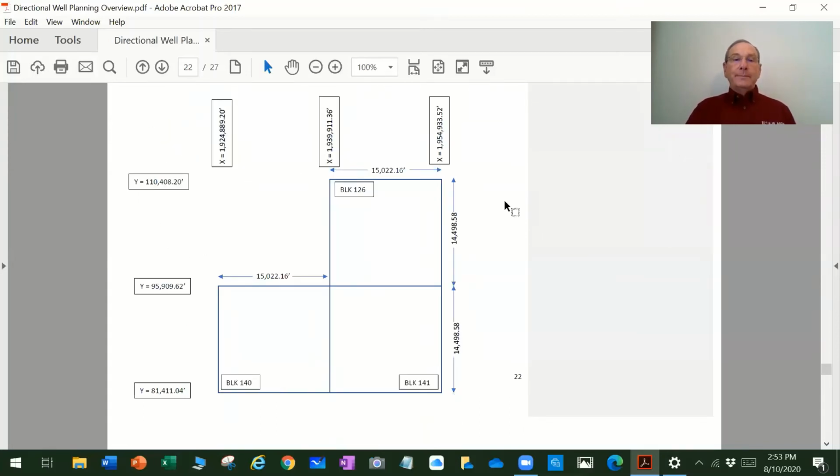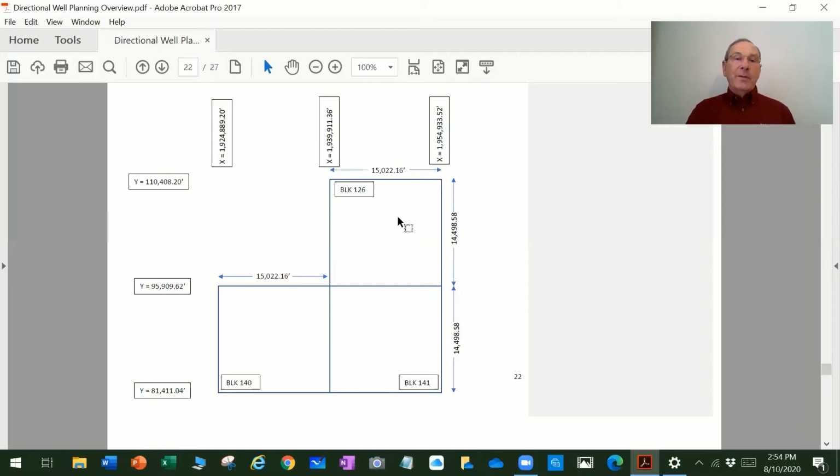So you can take the protraction map for block 126, and I've just done this for illustration, and if you subtract the x's, you will find that the distance east and west for all 3 of these blocks is 15,022.16 feet, and the distance in a north-south direction from the south line to the north line of, say, block 126 is 14,498.58 feet.